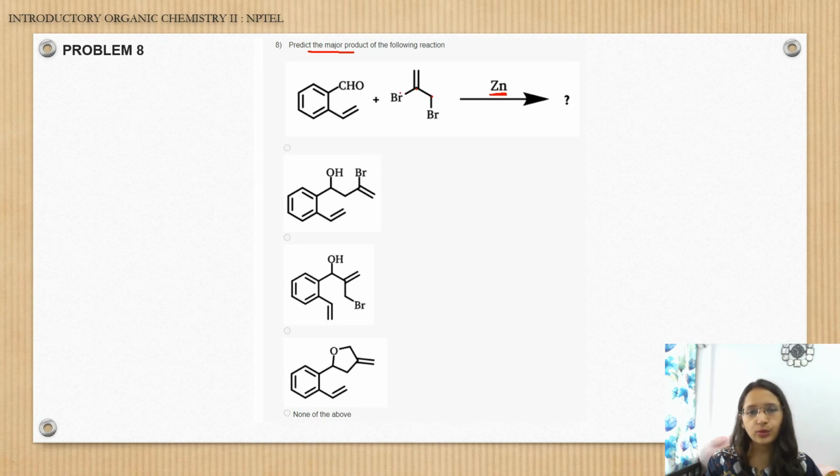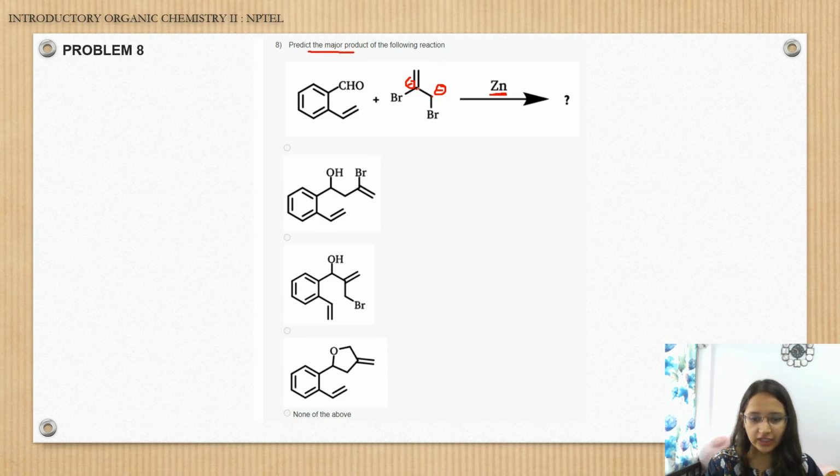No. So is generating a negative charge here more beneficial, or generating a negative charge on this particular carbon of sp2 alkene is stable? Which is stable? sp2 alkene is less stable, ma'am.